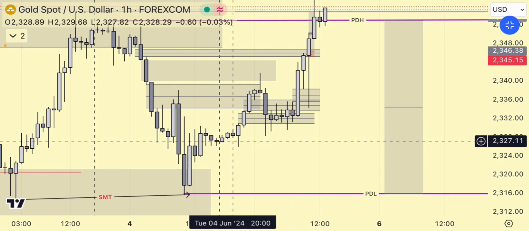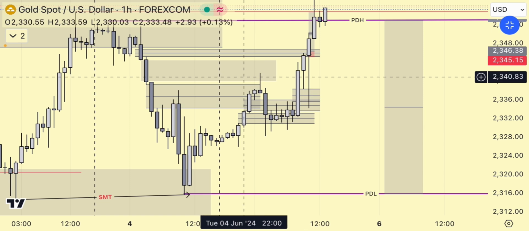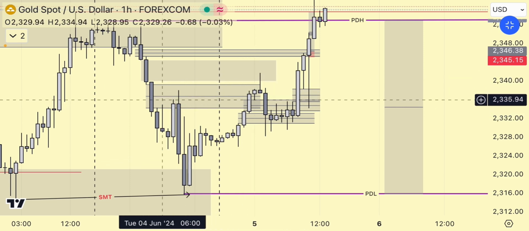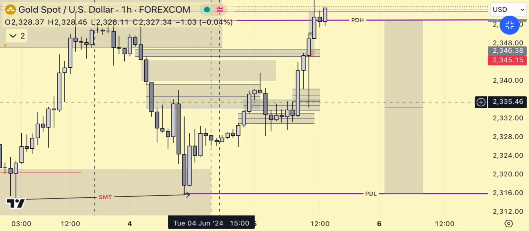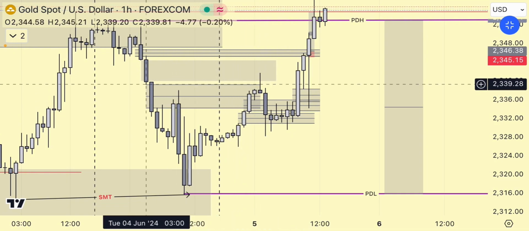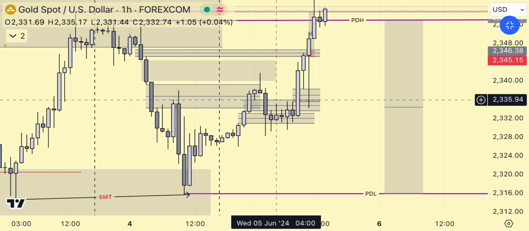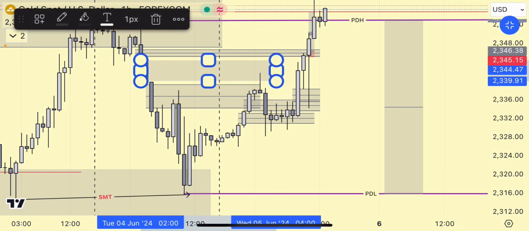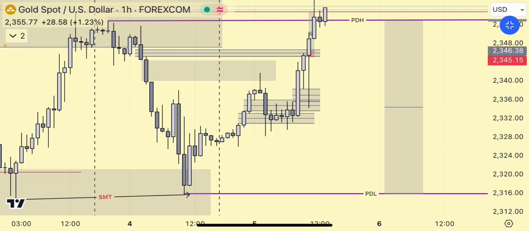So when we had this area closed, especially this candle here, it disqualified this fair value gap as one where the market could turn from, right? So that initially disqualified this as my point of interest for a sell.